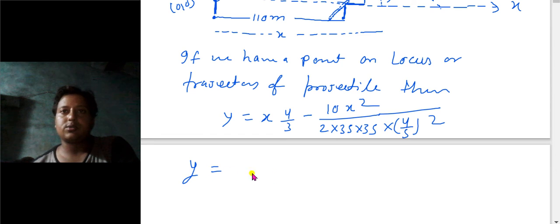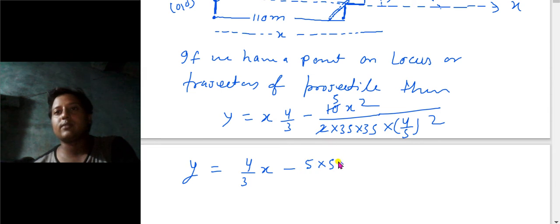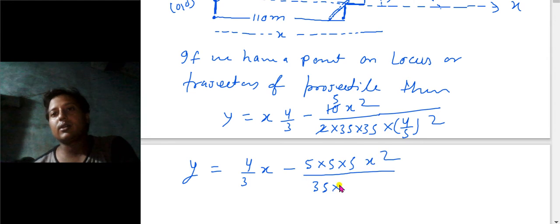So y equals 4 over 3 x minus 5 multiply 5 x square divided by 35 multiply 35 multiply 16.